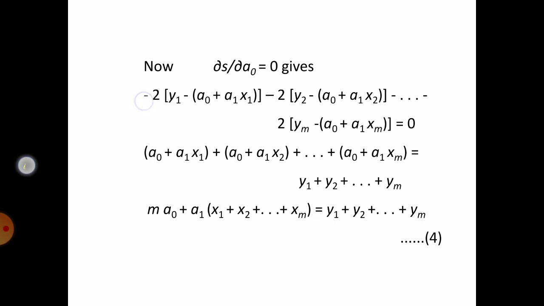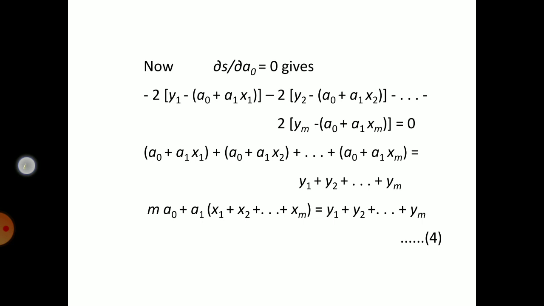Every term has a multiplier minus 2. Dividing throughout by minus 2, this minus 2 gets cancelled and every term becomes positive. And then in each term there is y1, y2, plus ym. We shall transfer this y1, y2, ym to the right side.